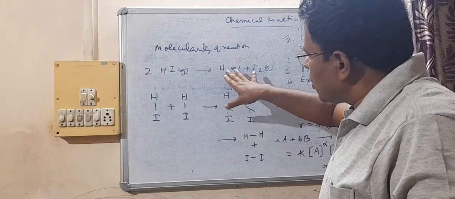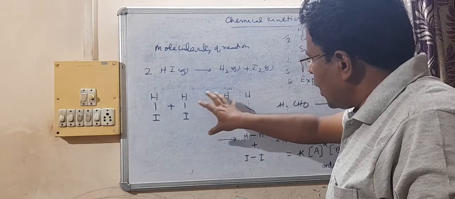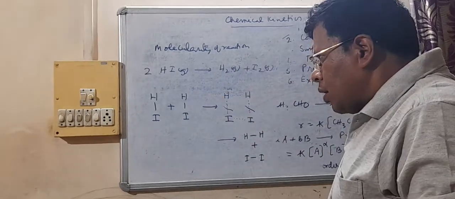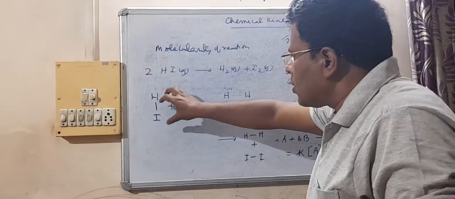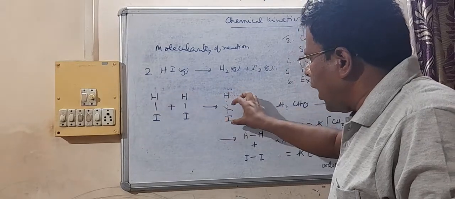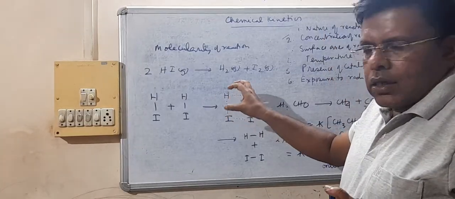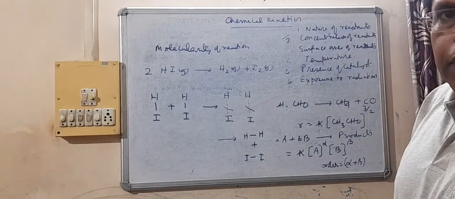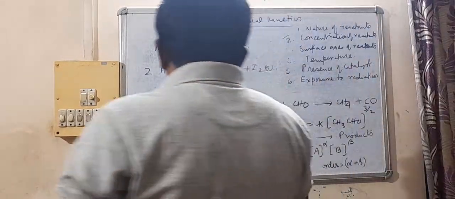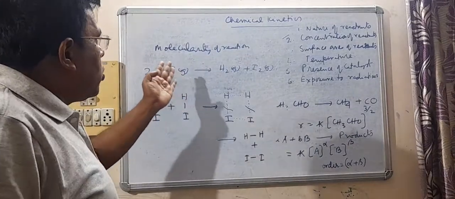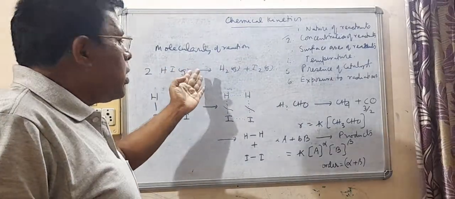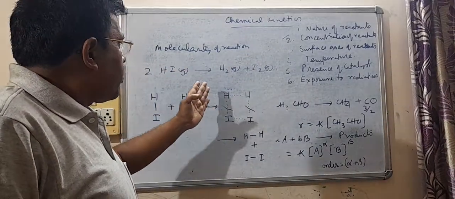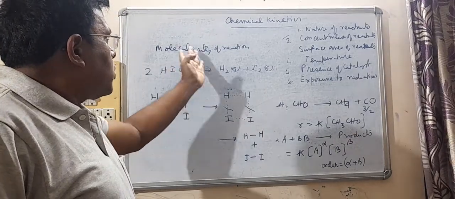This reaction always takes place in this way: two molecules at a time collide and form the products. So the molecularity of this reaction, we say, is 2.